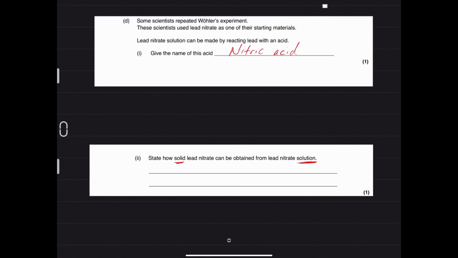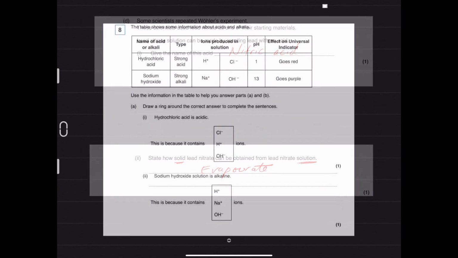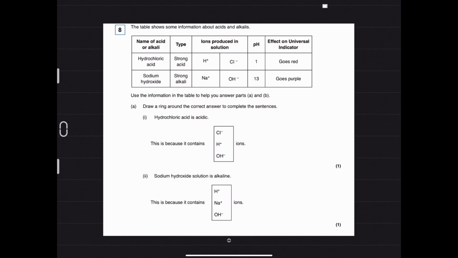We evaporate the solution to leave behind the salt crystals. So this is why I said it's important to always be aware of the state symbols when we're dealing with acid and metal reactions.